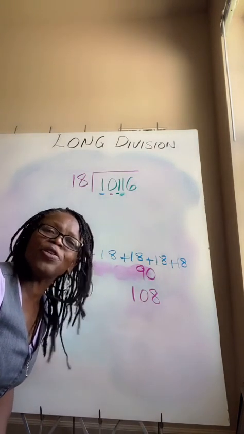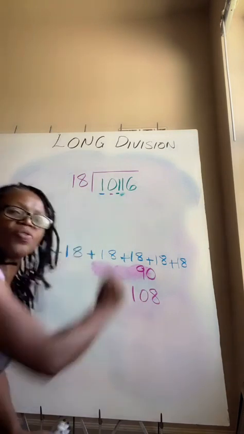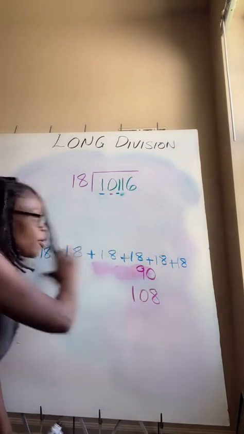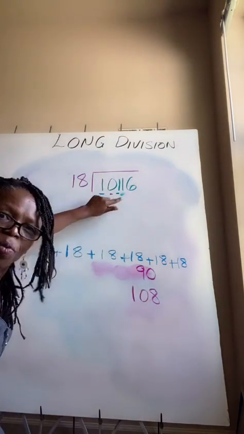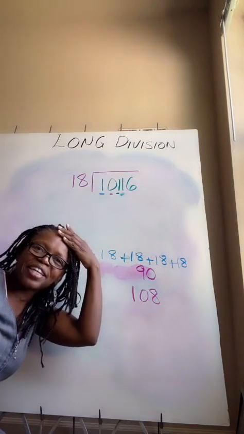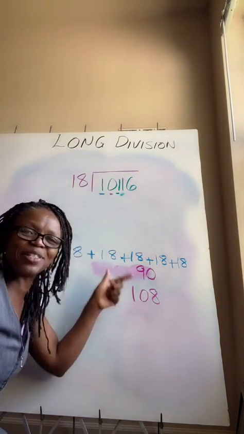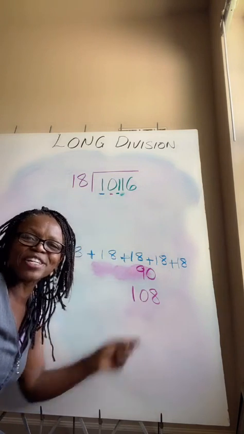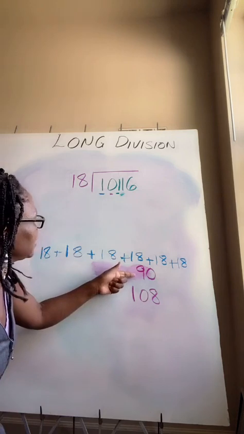If multiplication is not your thing, you can add the numbers one by one like I did. And once you get close to 101, you say, wait, I gotta stop. Where do we stop? Should we stop at 90 or at 108? We stop at 90.